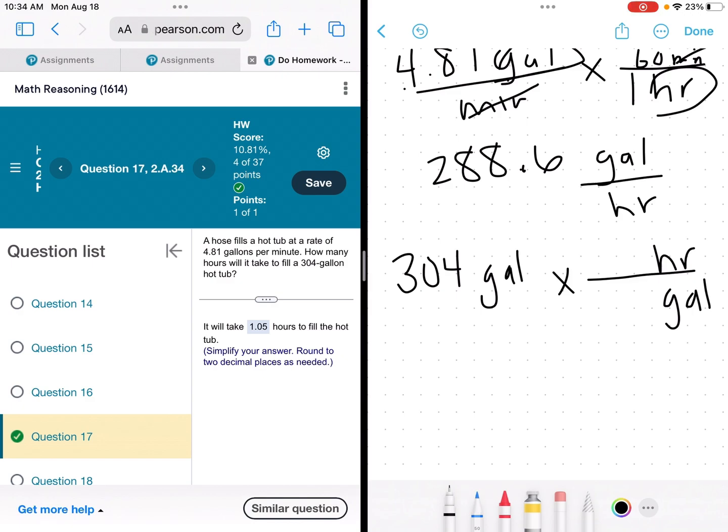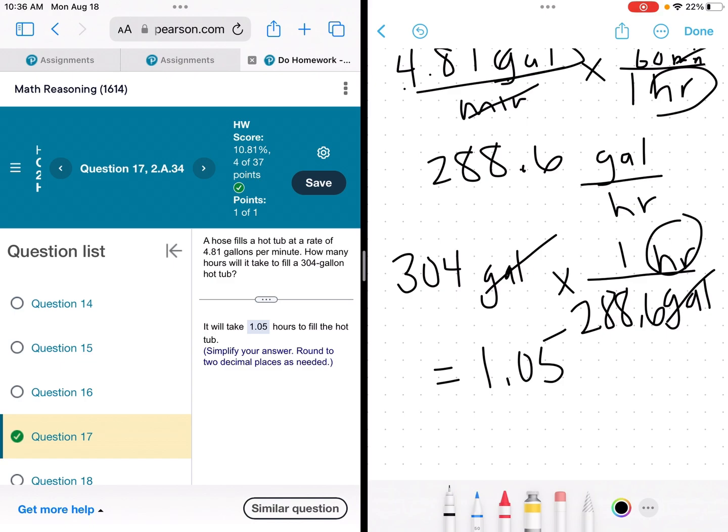So I know in 1 hour I've got 288.6 gallons. These gallons would cancel out, and you're left with the hour. So we're actually going to divide 304 by 288.6. That's equal to about 1.05, and we're left with hours.